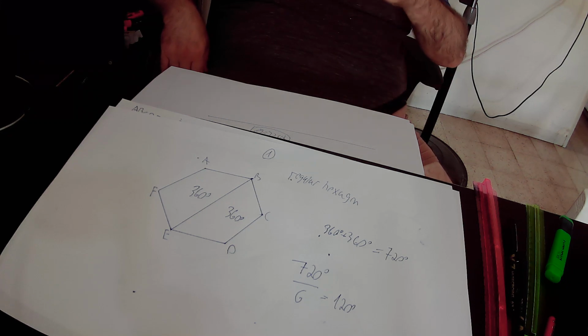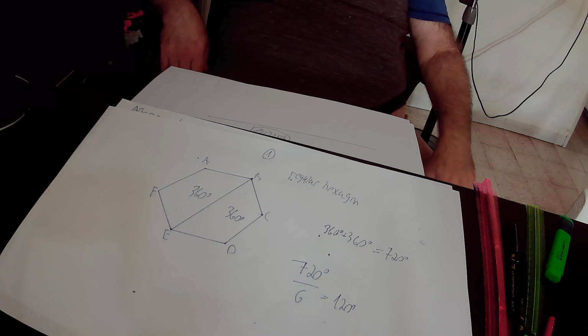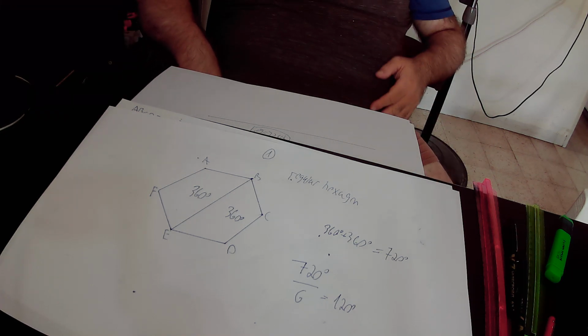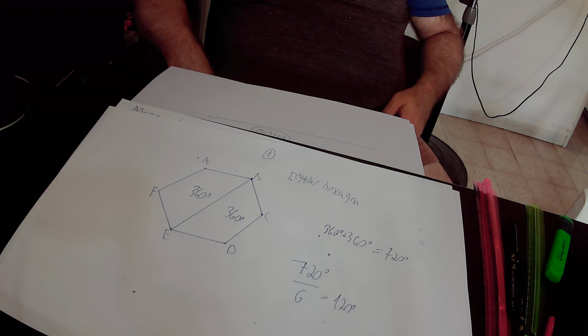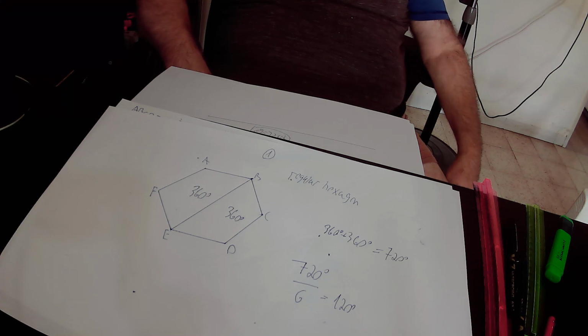So the total will be 360 degrees plus 360 degrees, that is 720 degrees. So the sum of the angles is 720 degrees, and we also know that a regular hexagon has 6 equal angles.